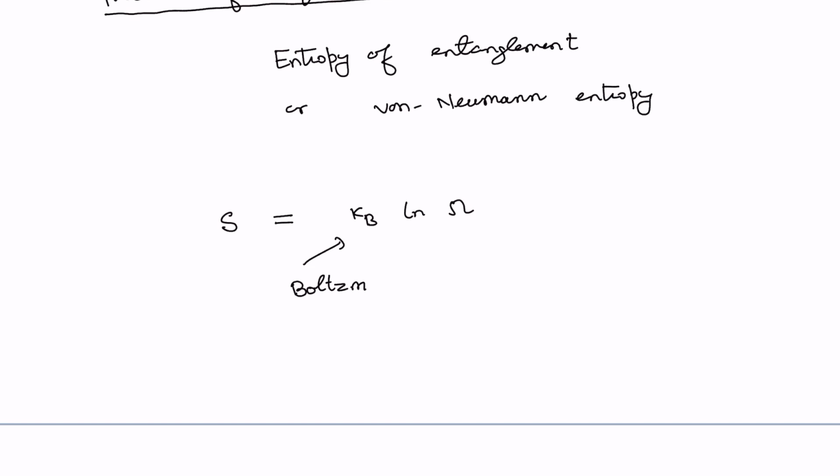You know that capital Omega is the so-called number of microstates of the system, also known as the thermodynamic probability.